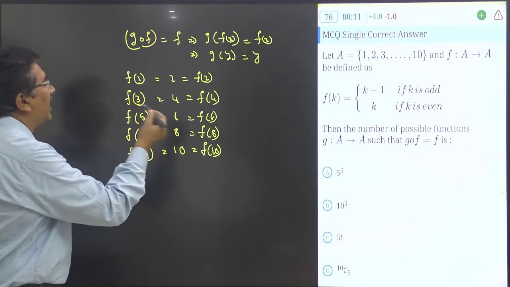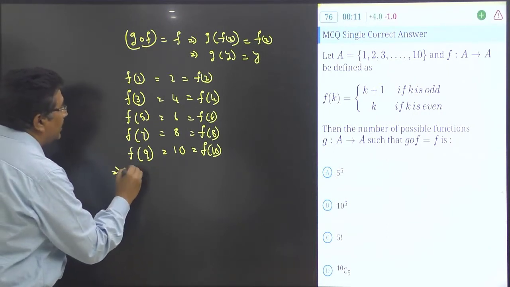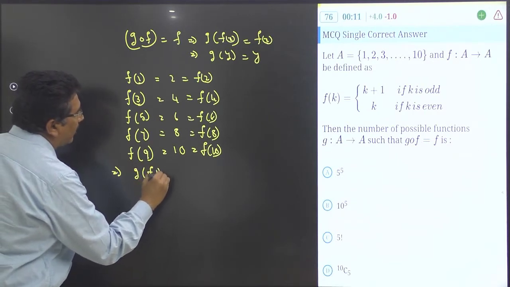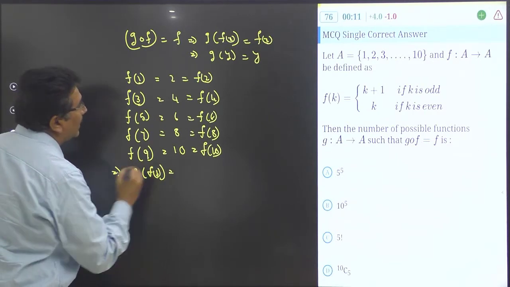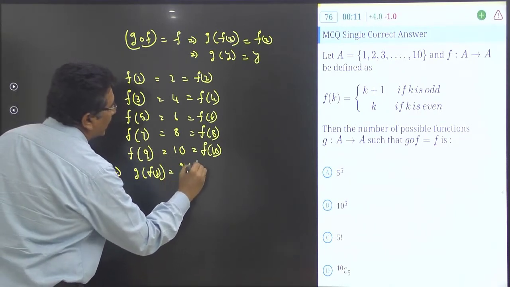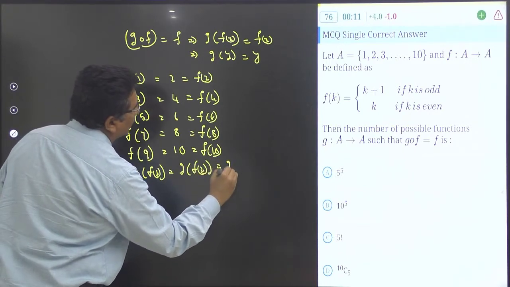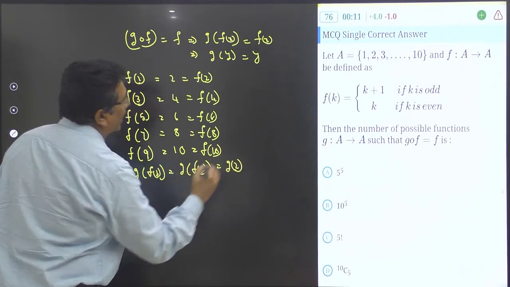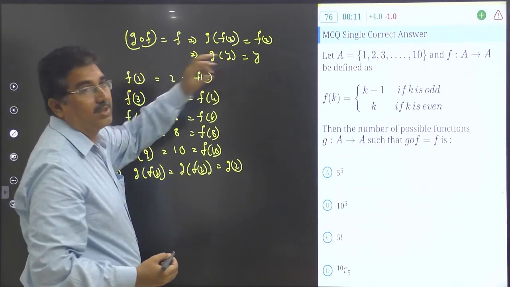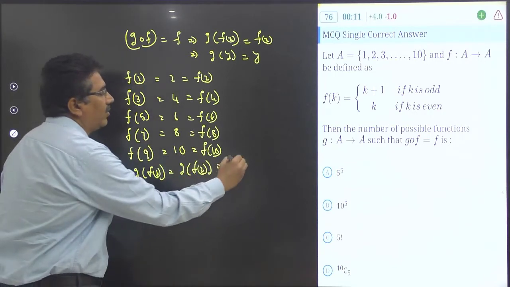Now applying g on both sides, that implies g of f of 1, that is equal to g of f of 2, that is equal to g of 2. From this, g of y is equal to y, so g of 2 is equal to 2.